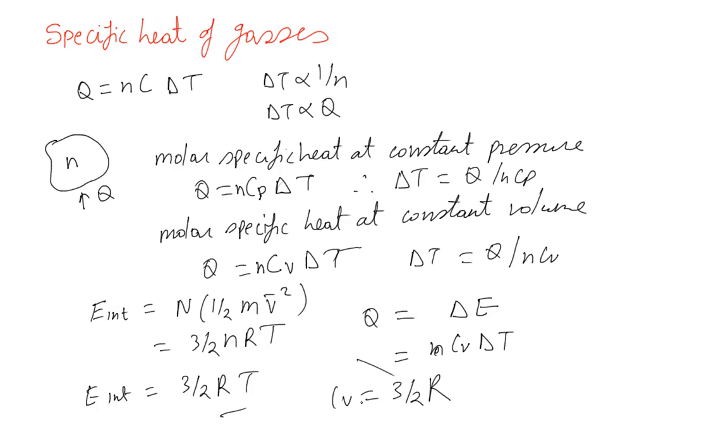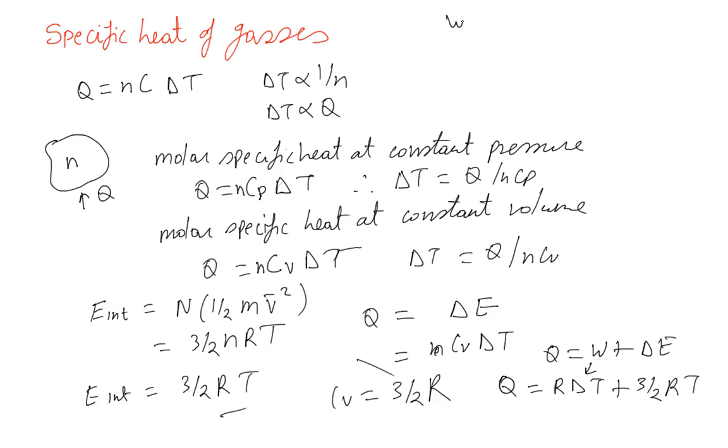Now using the first law, Q equals W plus delta E, we know that if pressure is constant, then Q equals R delta T plus delta E, which is 3 over 2 R delta T. How do we arrive at this?